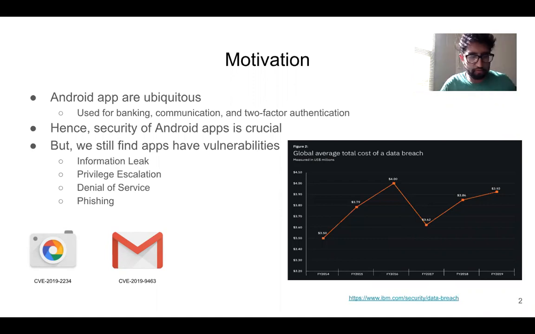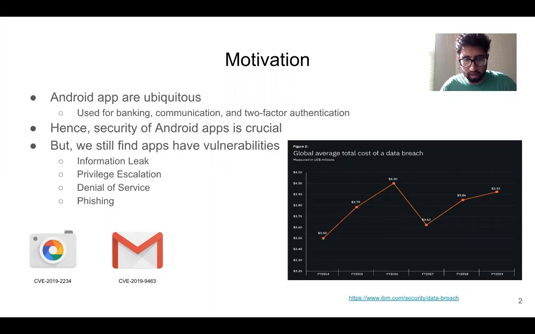Hence, it's important that developers who build these apps make sure that these apps are secure and do not have vulnerabilities that may cause harm to the user in any way. But even today, we find that vulnerabilities are often discovered in apps.